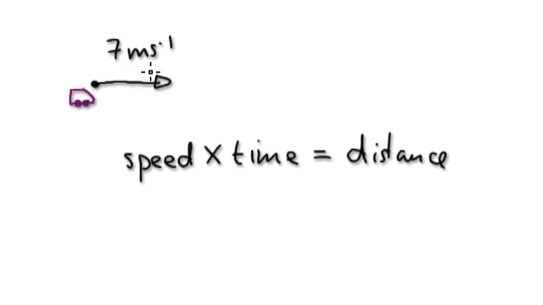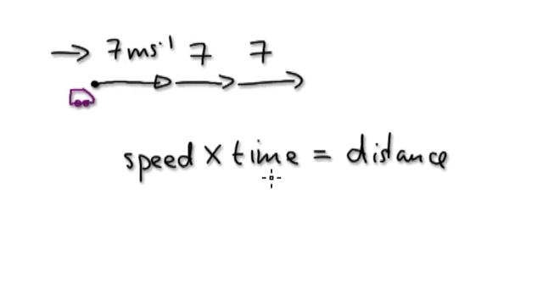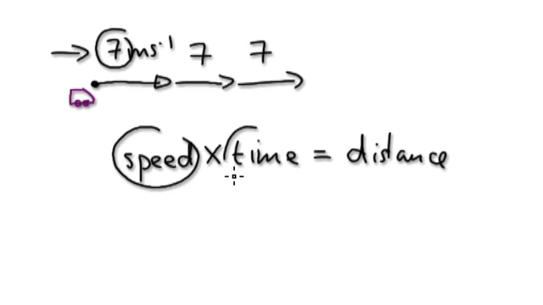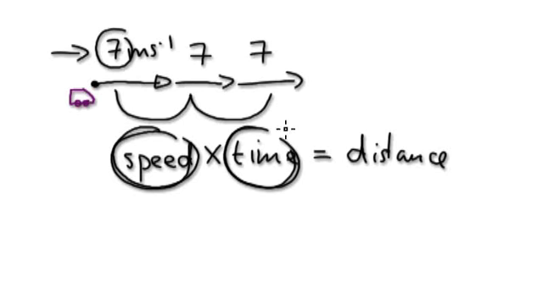Because if you think about it, if he's going at 7 meters per second, after 2 seconds he would have done another 7. After another one, he would have done another 7. So the speed here is this, and the time here is each increment. So if you get speed times time, that will give you the whole distance.